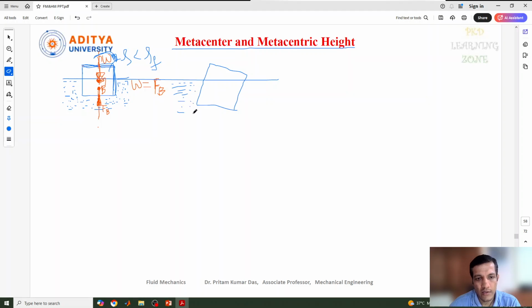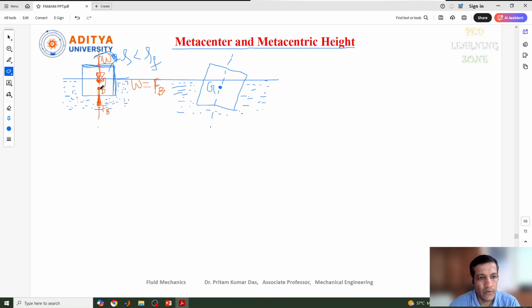So this is the liquid which was previously considered. Now if I draw the same axis line, it will be like this. If you see, the G point of this body will also exist at the same point as was there previously. So this is the G point, the center of gravity, as usual.